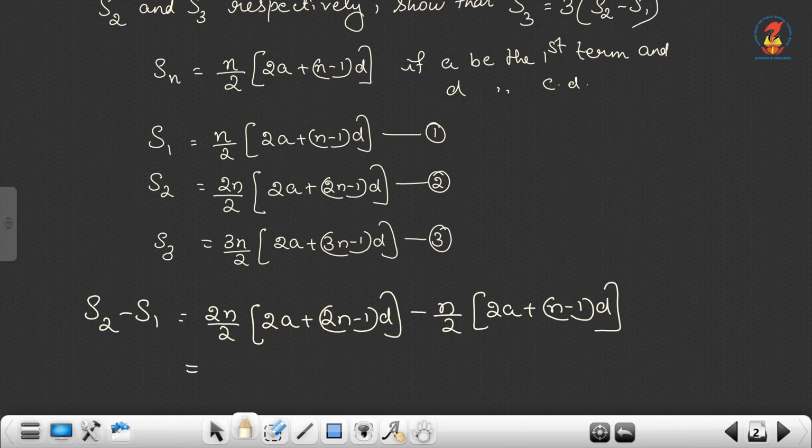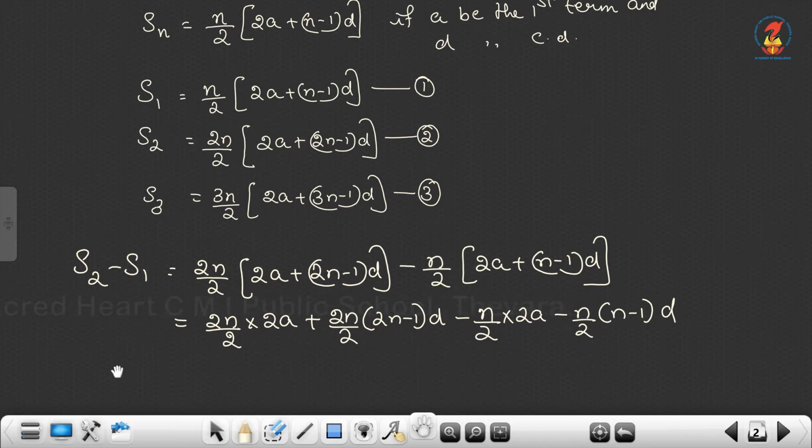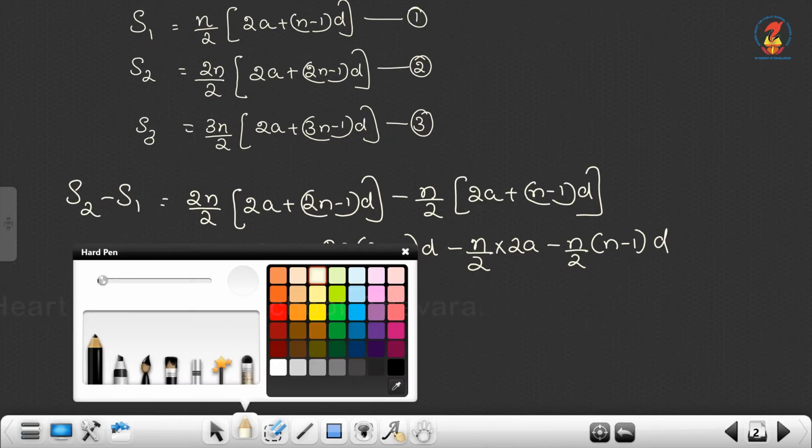So, I am just opening the bracket. I am not cancelling this. Into 2a plus 2n by 2 into 2n minus 1 into d minus n by 2 into 2a minus n by 2 into n minus 1 into d. The common we can take outside, then simplify.